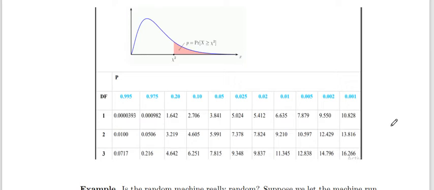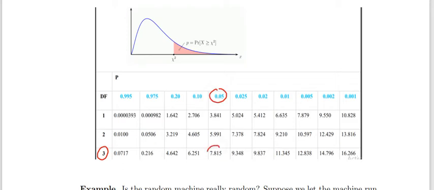I attached one here. You can find these tables online easily. You type chi-square table in Google and it will give you several chi-square tables. You just need to understand what the table means. Here the degree of freedom is 3 and the probability we pick is 0.005.